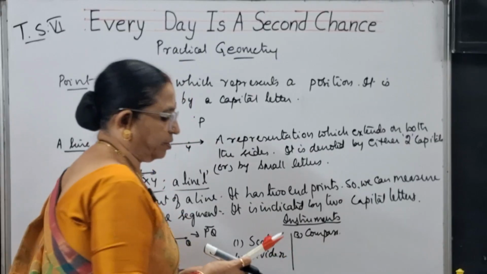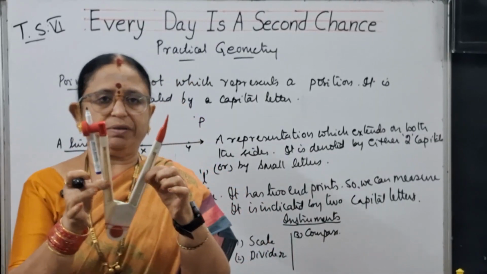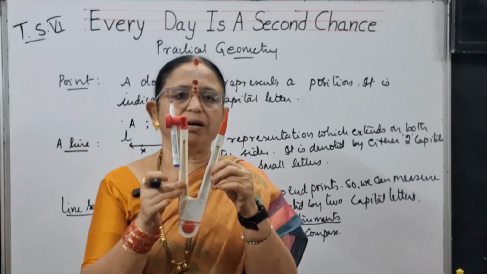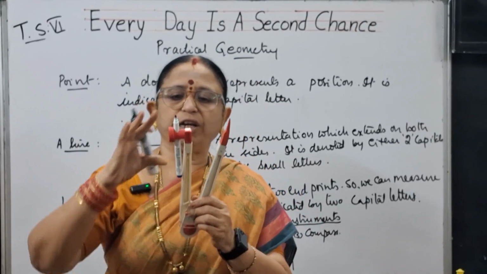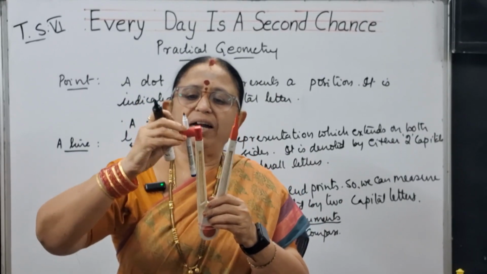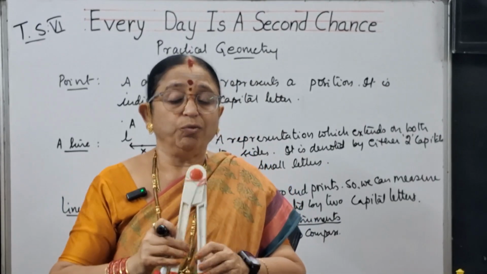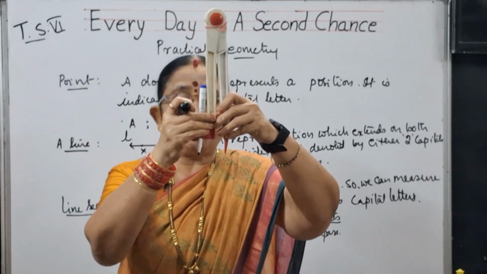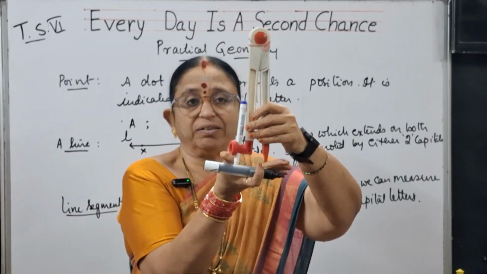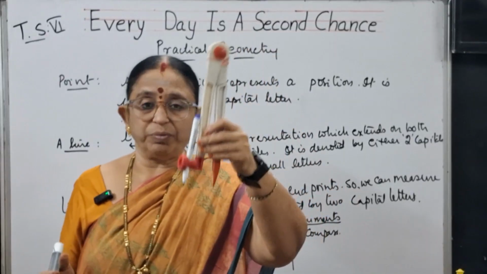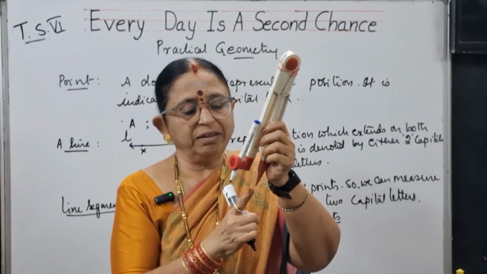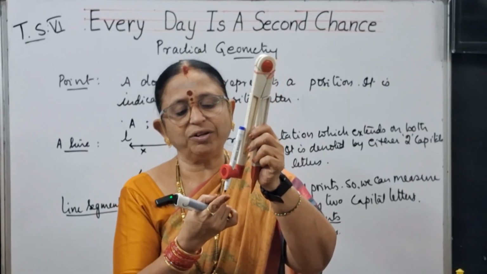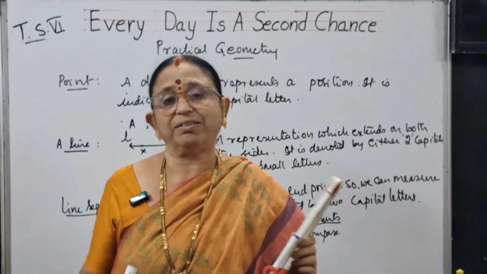What is a compass? This is a compass. This is called compass. In your instrument box, you will be having this, children. You will keep a pencil here and fit it, and what you need to do is keep it upon the straight surface upon your table and fix it in such a way that this pointer and the edge of your pencil will lie on a straight line.